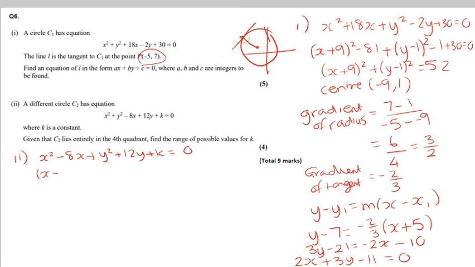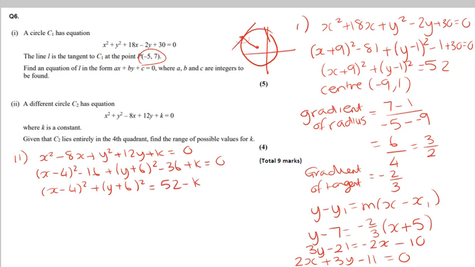So x minus 4 squared minus 16 plus y plus 6 squared minus 36 plus k equals 0. So that is x minus 4 squared plus y plus 6 squared equals 16 plus 36, which is 52. That was plus k, so now it's minus k.